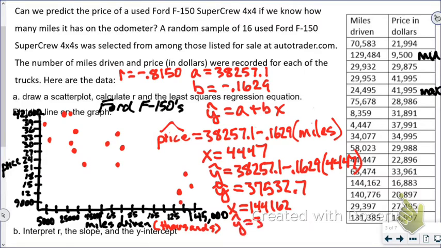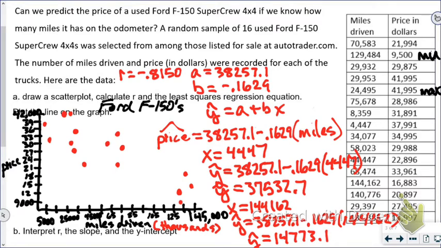I think we'll barely make it. 38,257.1 minus 0.1629 times that x value, and I get a predicted price of 14,773.1.